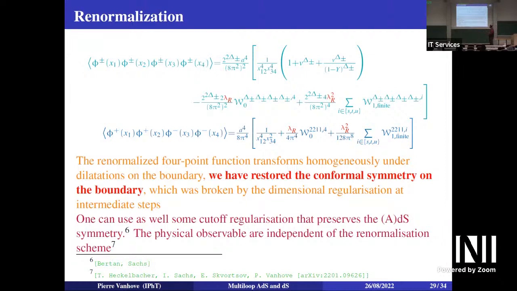Ivo and Igor Bertrand proposed a few years back a regularization that actually preserves the AdS symmetry. Essentially, you put a little ball to excise the region where the two bulk points go together, but you can do that in a way that preserves the conformal invariance.